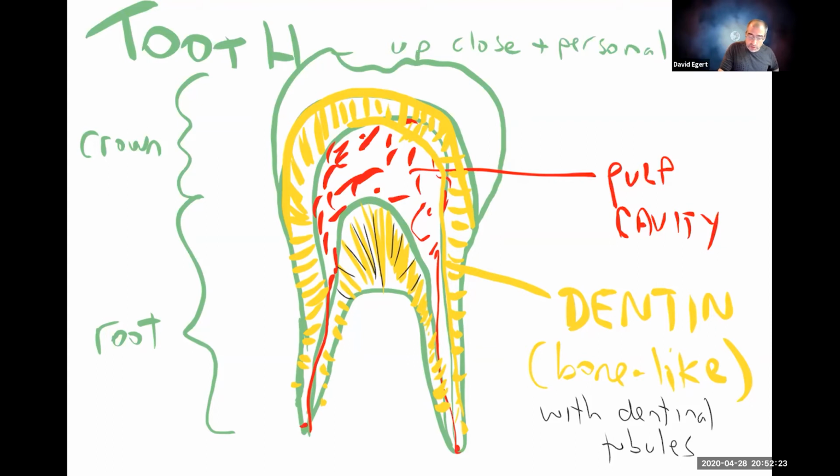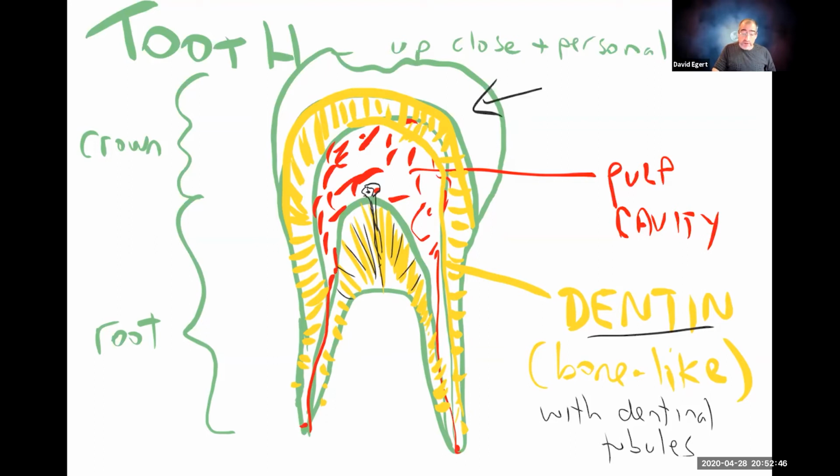Those are so the little cells that are making and maintaining the dentin can reach in and work in there. So when you look at the tooth, it has this cool stripy look that you can see. Dentin.